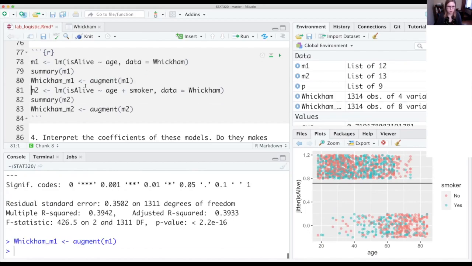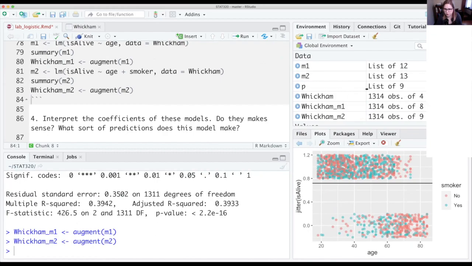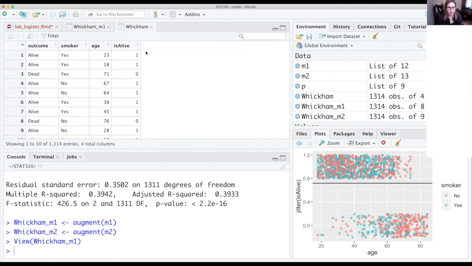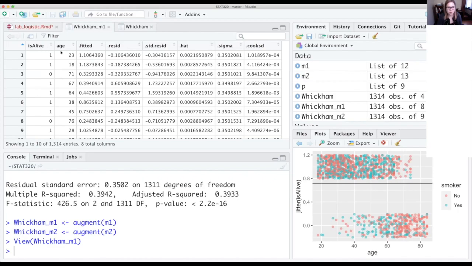So I'm going to run this augment on M1 and on M2 as well. So let's see. Here's an augmented data set. Instead of having all of the variables from the Wickham data set, which there were 4 of, it just keeps the 2 that were related to the model that I fit, the response variable and the 1 predictor that I used. And then it has a fitted value. So that's the predicted value.